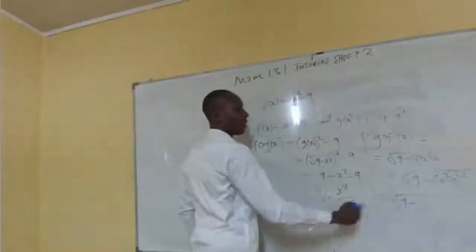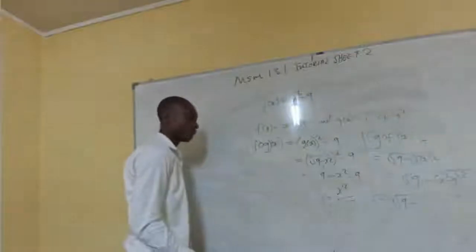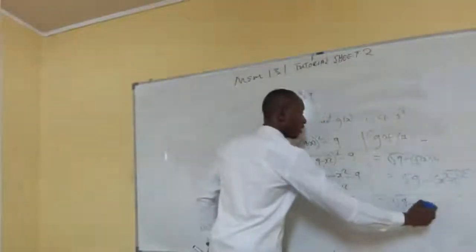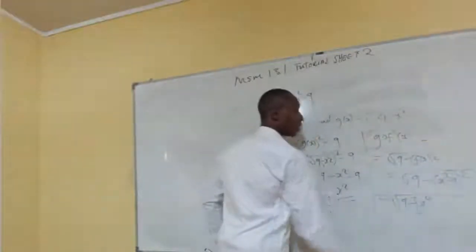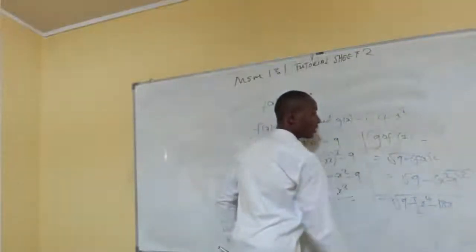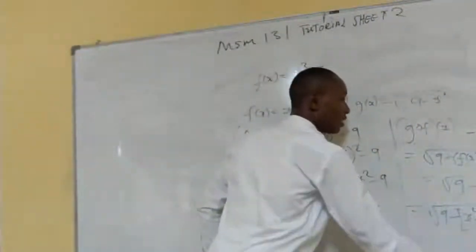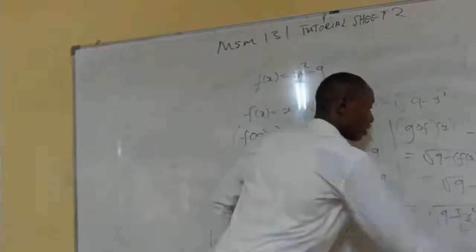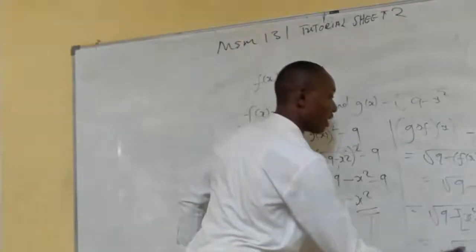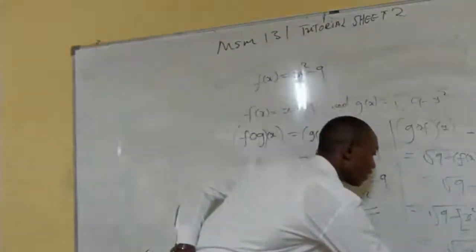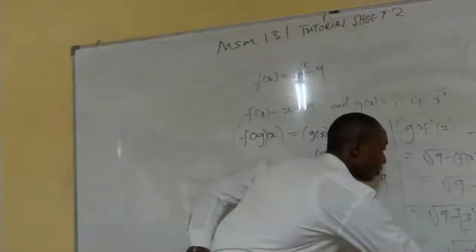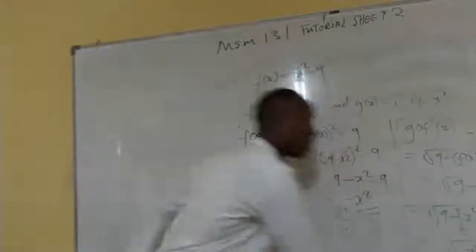So now what we're going to do here is, ladies and gentlemen, I can expand this. This is x to the power 4, okay, minus 18x squared plus 81, okay. 9 minus 81 is 72, so we have negative x to the power 4 plus 18x squared minus 72.